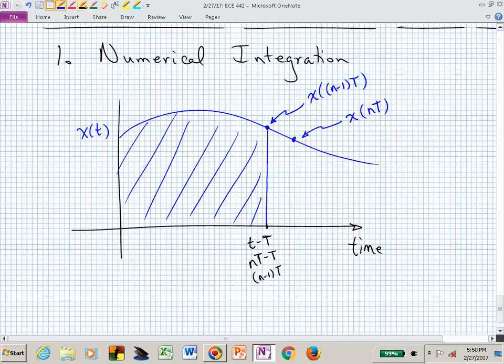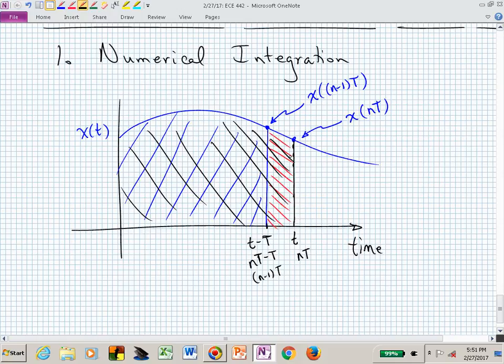But we will also want to know what's happening as we evolve in time, so that when we get to this point, which is now time t, or when we sample it, it's now time little nT, we want to add in this additional piece, but the total is all of that, including that little sliver that we've now just introduced.